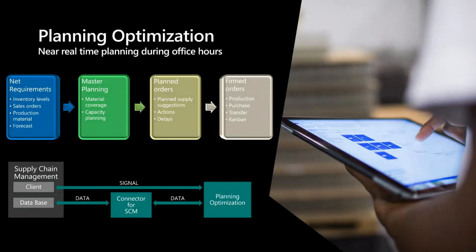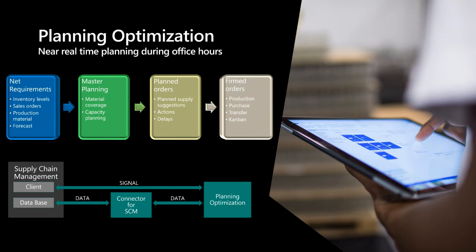So planning optimization. We call it near real-time planning during office hours. And it is a new version, you could say, of the master planning engine that has been in the system for many years, about 20 plus years, where it was living inside of the X++ code base and all the calculations were done in SQL.